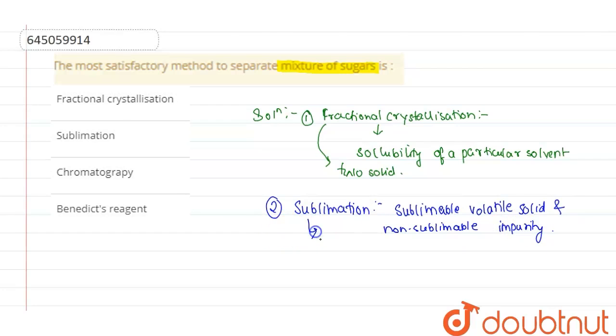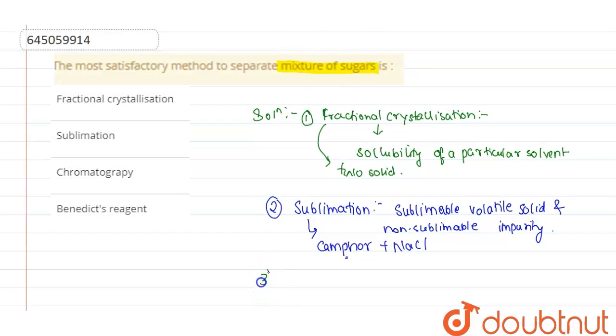An example can be camphor and NaCl. As we can see, camphor is a volatile solid and it is evaporated from solid to gas. So a mixture of sugars is definitely not a volatile solid, so this is not the correct method.